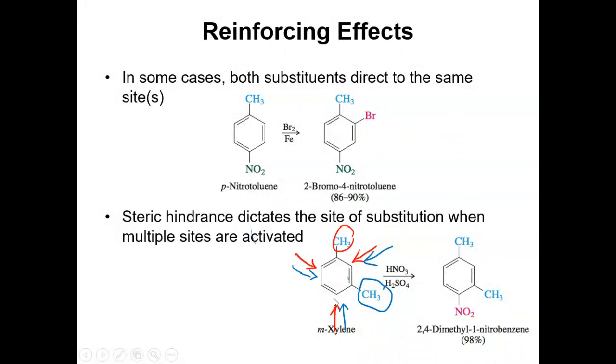So obviously, one of those two sites will be more preferred when you consider the steric effect. So that's why you're getting this product. Obviously, you can put it here also, but it's exactly the same product, as you can see. So you put here and put here, exactly the same product.